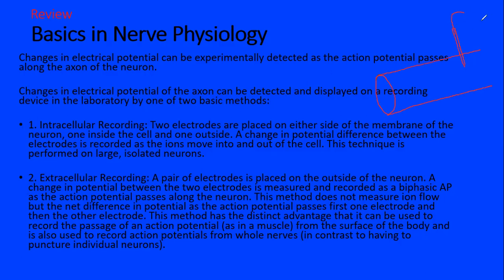And what will happen is, if I connect this to a voltmeter and I put another electrode outside that cell membrane, ions are going to start moving from one side to the other. Why? Because at rest, we normally have the inside of the membrane negative and the outside positive.